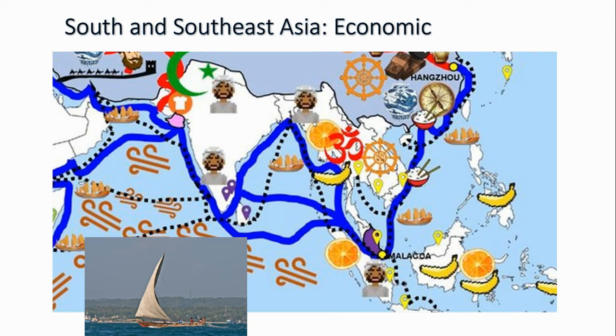These trading states are going to use a religion to unify their population. But it's going to be a different religion because these are smaller. The Delhi Sultanate was an Islamic state, whereas the Vijayanagar was a Hindu state, while both the Khmer and the Srivijaya transitioned to Buddhism.